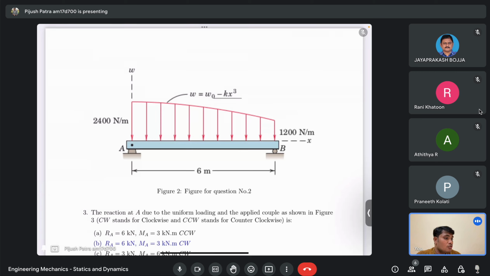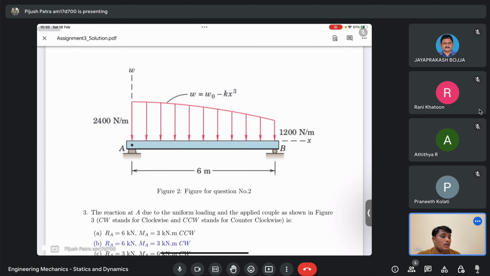At x equals 0, W equals 2400, so W naught equals 2400. And at x equals 6, W equals 1200. So 1200 equals W naught minus K into 6 cube, and W naught I already calculated as 2400. From there you can easily calculate K.